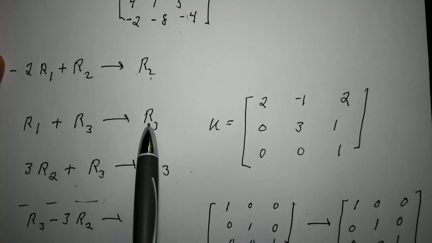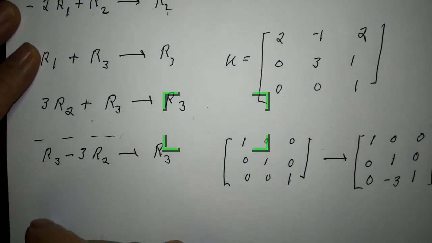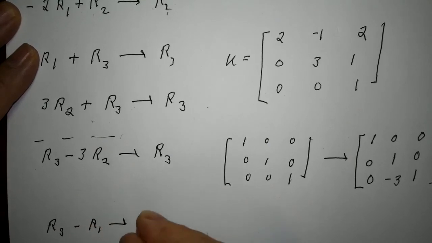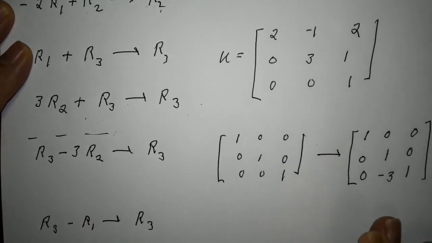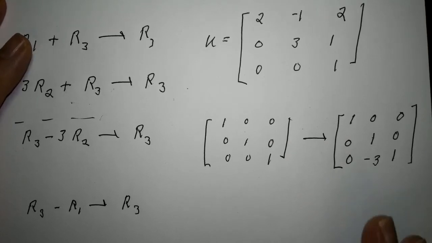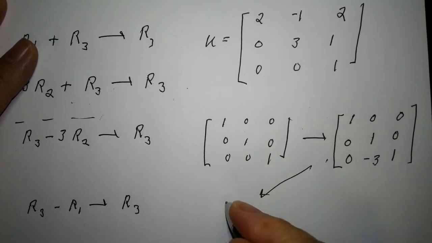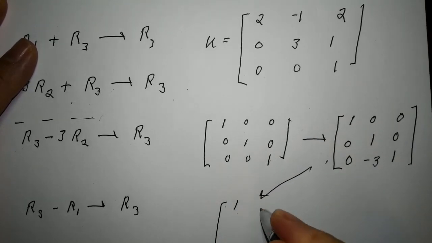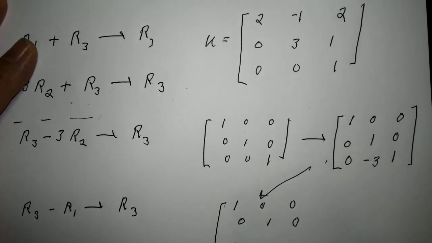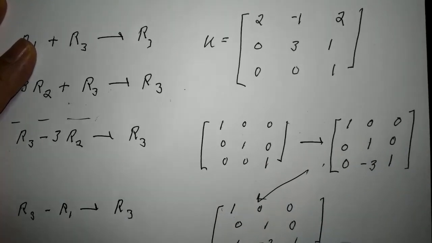We could say that R3 minus R1 goes to R3, and we're going to apply that to this matrix. That will give us 1, 0, 0, 0, 1, 0, minus 1, minus 3, 1.